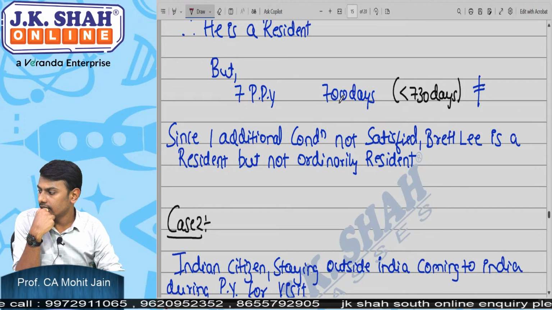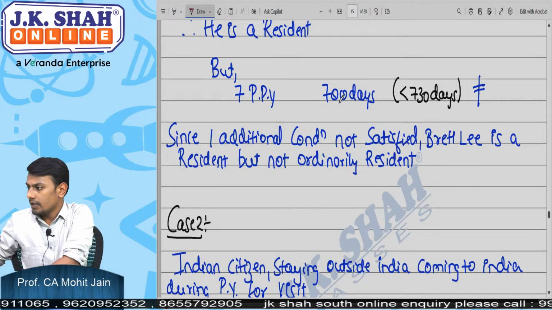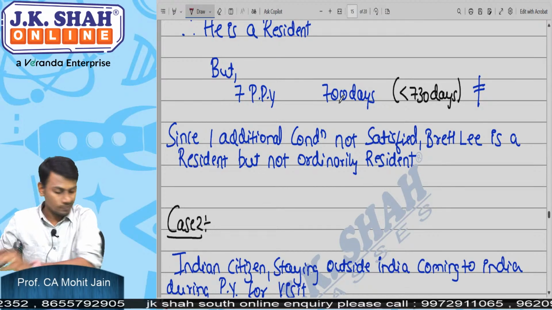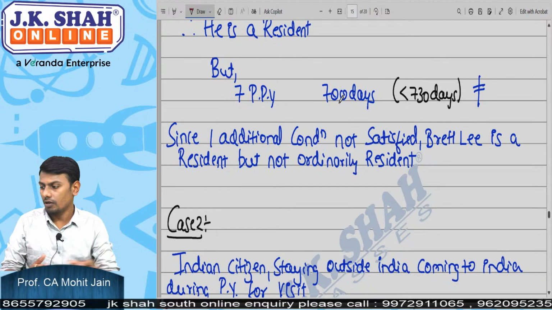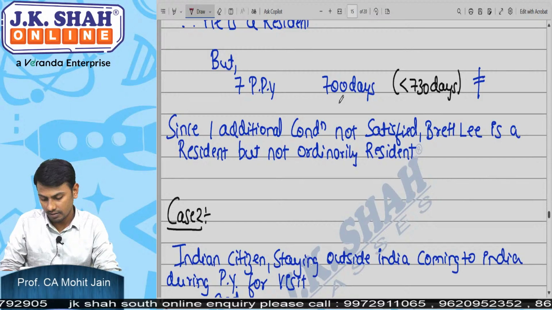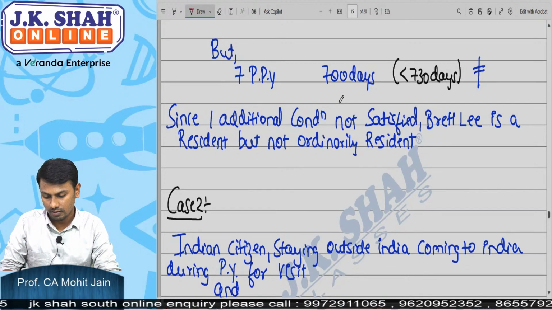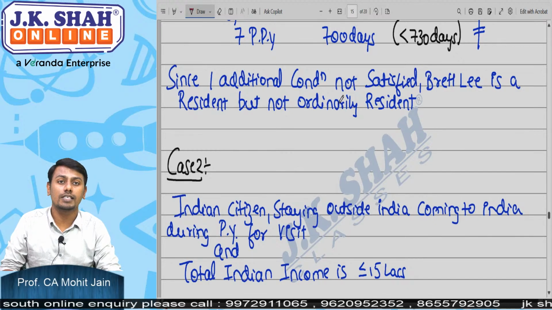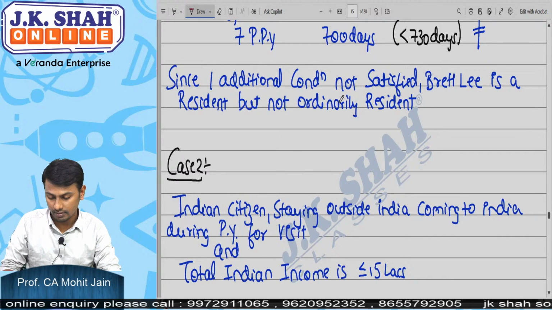Indian citizen staying outside India coming to India during the previous year for visit. And total Indian income is less than or equal to 15 lakhs.